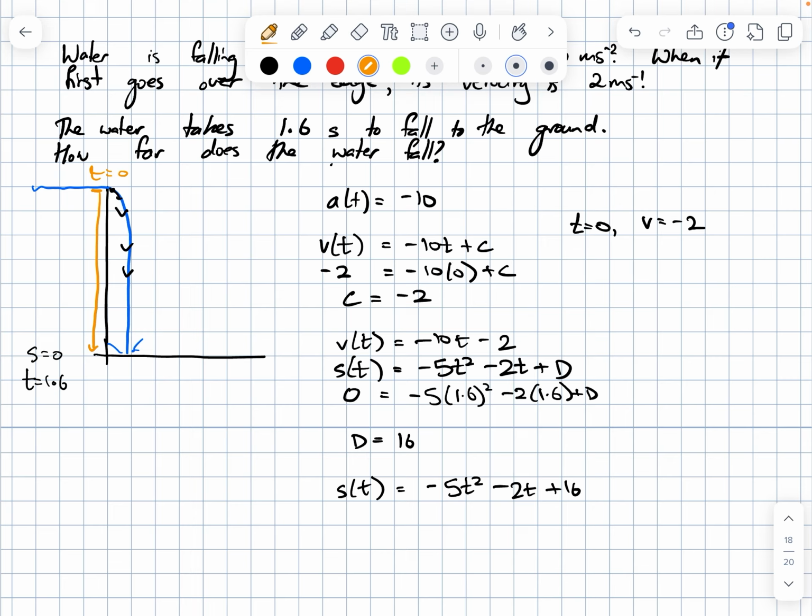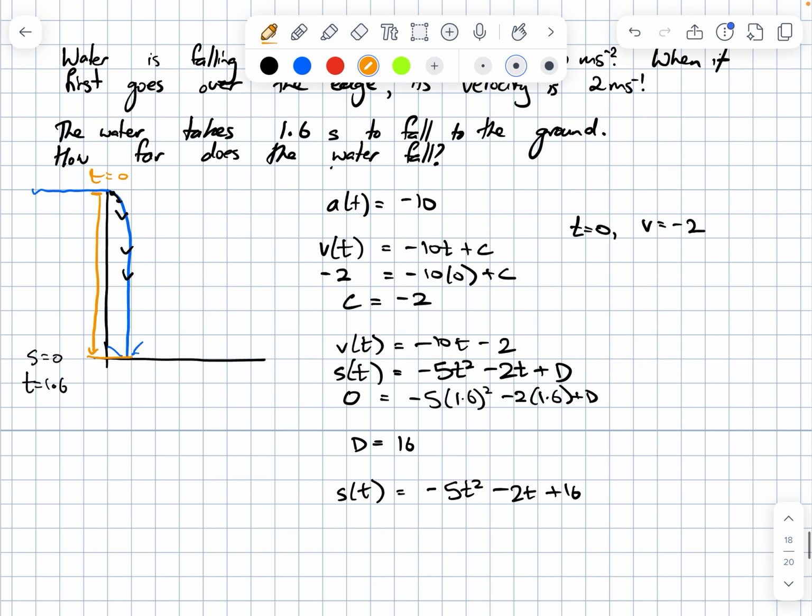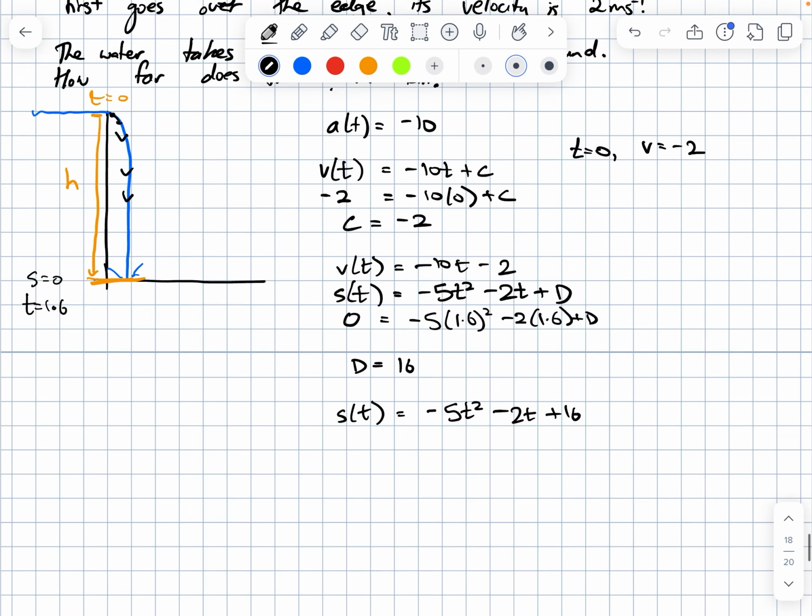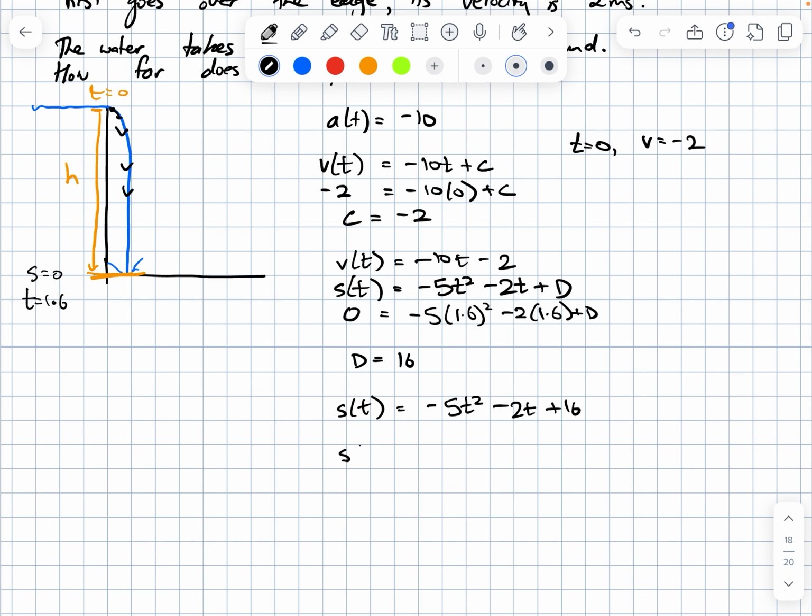As we already have defined s equals 0 at the bottom, if I calculate the distance at t equals 0, that will give me the height. So I need to substitute t equals 0 here. Negative 5 times 0 squared minus 2 times 0 plus 16. That gives me an initial height of 16 meters.